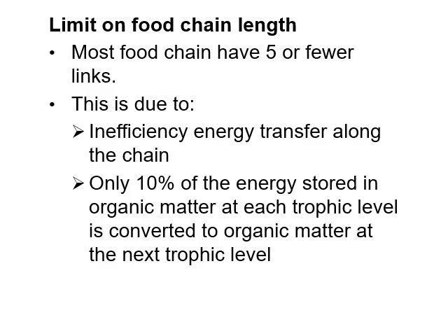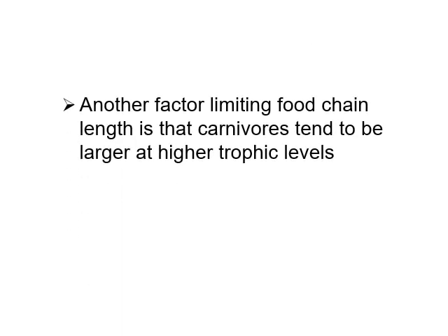It says only 10% of the energy stored in organic matter at each trophic level is passed on. That means from producer to consumer, only 10% is converted to organic matter at the next trophic level. So that means 90% is lost. Okay. We will discuss that later on next week.